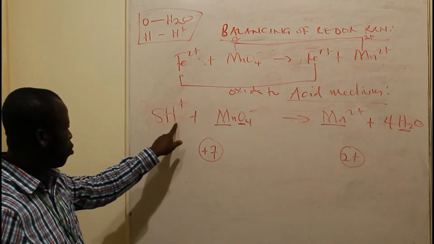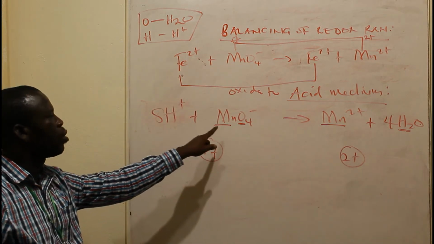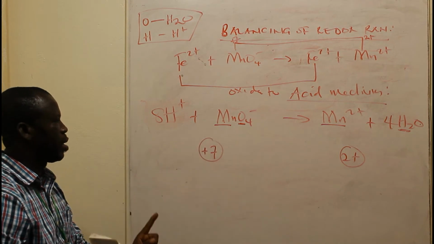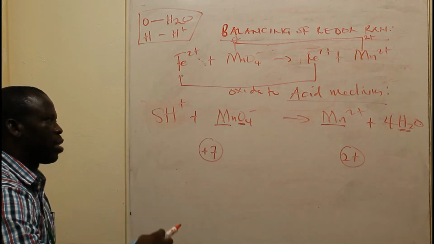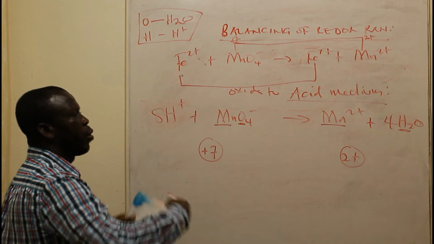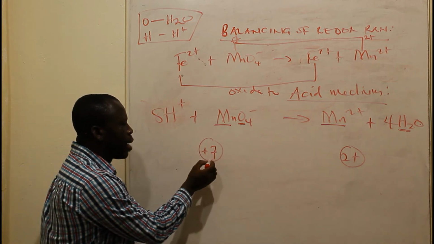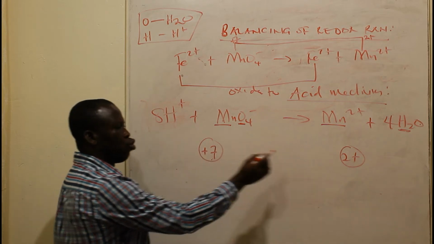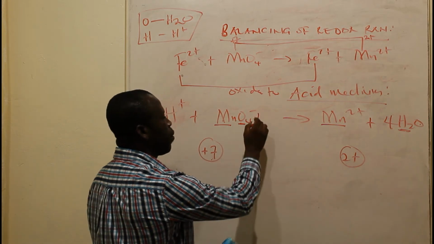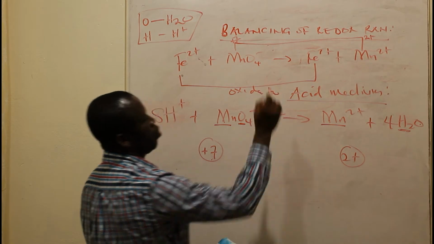Now this is a reduction reaction. I've told you that, to be on the safer side, for a reduction reaction, bring the electron to the reactant side. So how many electrons do we need to add to reduce the 7 to 2? We have to add 5 electrons.